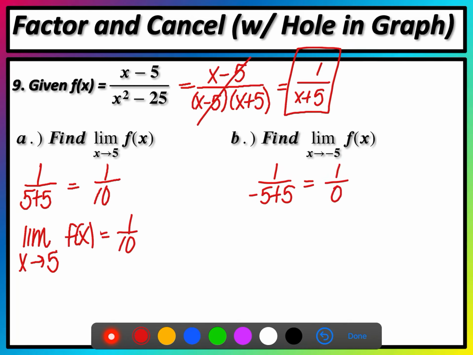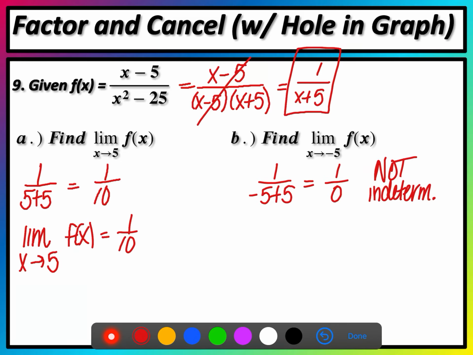Okay, so this is another situation dealing with 0, but this is not indeterminate. It is not indeterminate because the numerator is a number. Indeterminate form is 0 over 0.